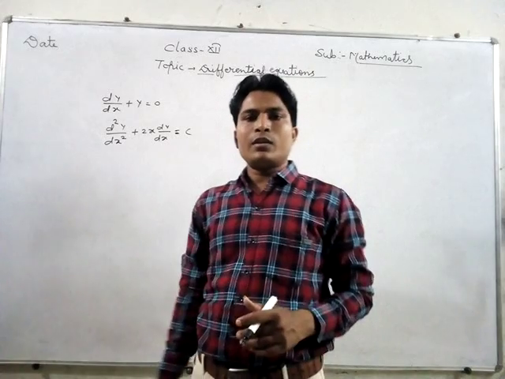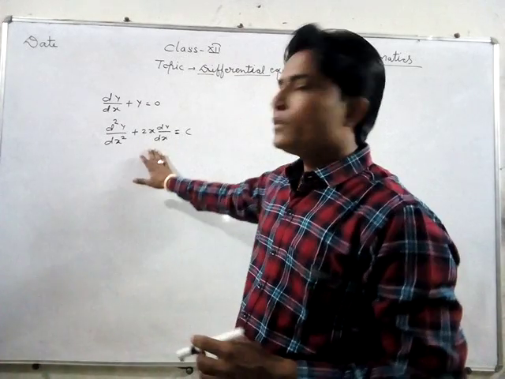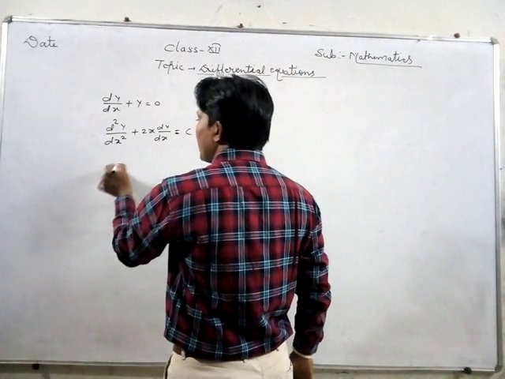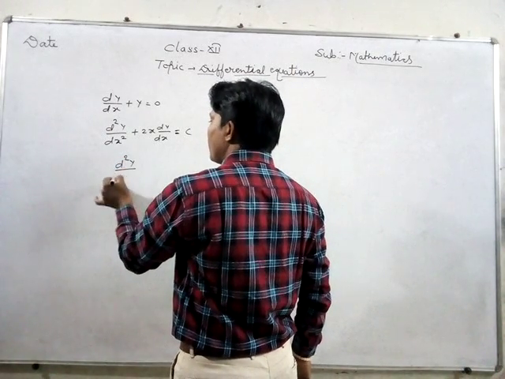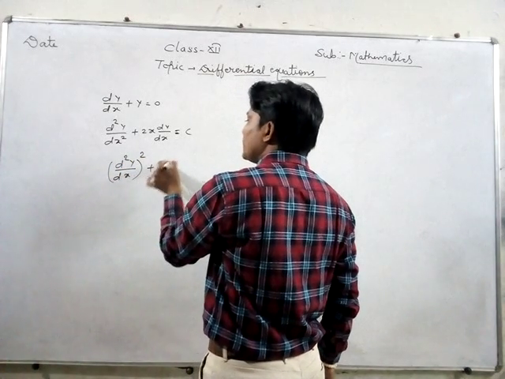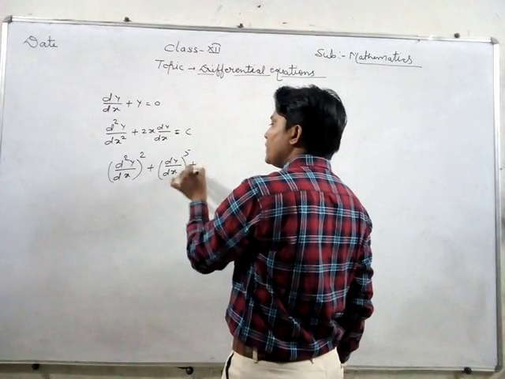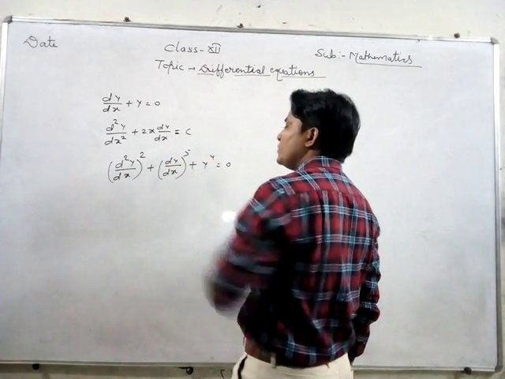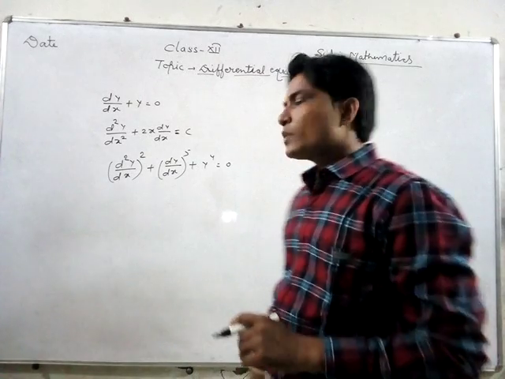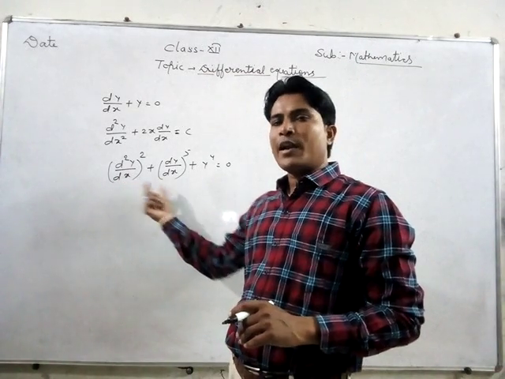First of all, for a differential equation we represent the degree and order. Suppose your differential equation is (d2y upon dx square) whole power 2 plus (dy by dx) whole power 5 plus y to the power 4 equal to 0. Suppose you are given this type of differential equation and we want to find the order and degree.